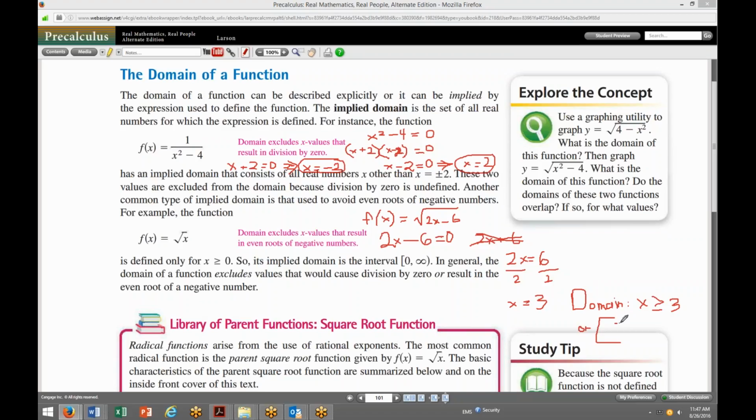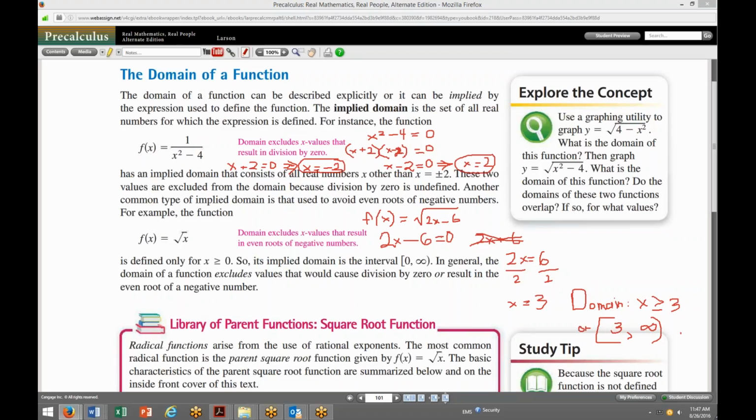Square brackets around 3 because it does include 3. 3 is perfectly fine for this function. That's the lowest value of x that works for the function. There is no highest value. It goes up forever without bound. So the infinity symbol with a rounded parenthesis. So the domain is 3 in square bracket on the left, comma, infinity, rounded parenthesis.